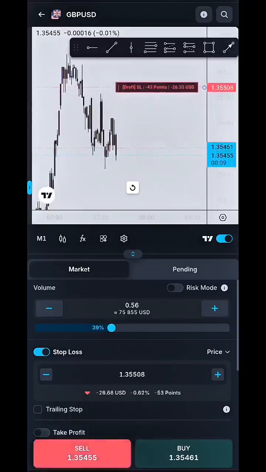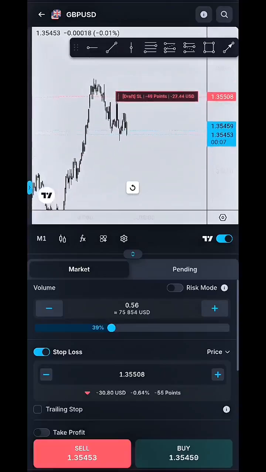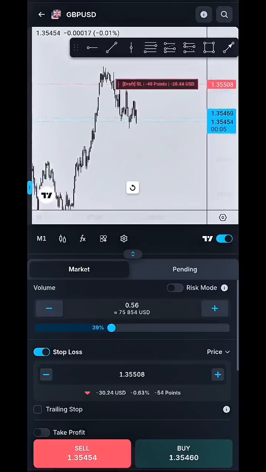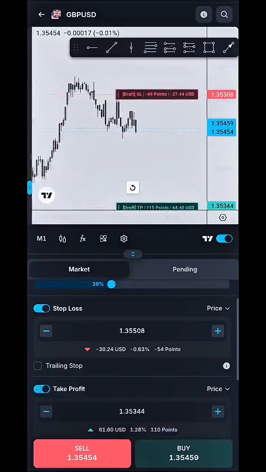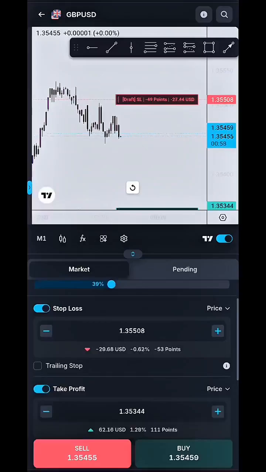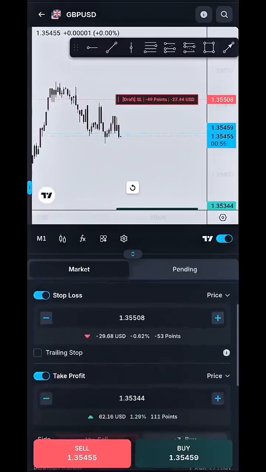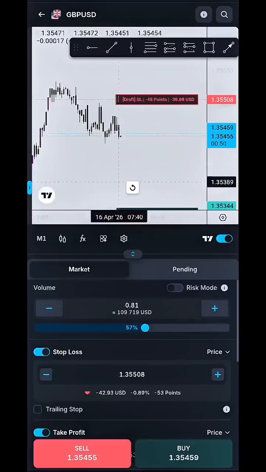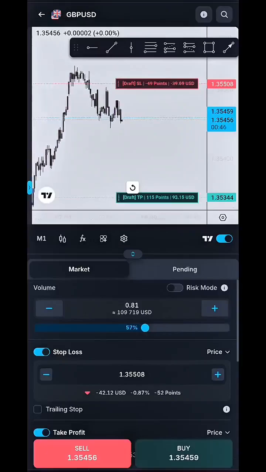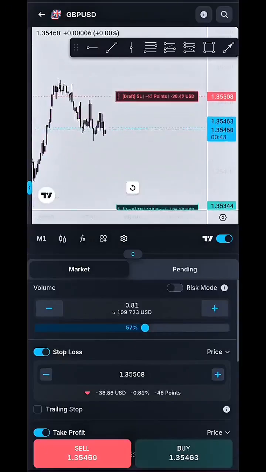So let me go to set the trade. So far the spreads are kind of large to me, but yeah, I will compensate for it.